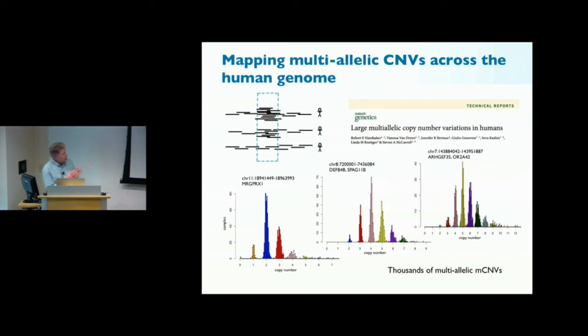What these histograms are showing here is, across 1,000 people, what are the different copy number states at certain loci in the genome. For example, at these loci, maybe most people have 4 copies instead of 2, but a lot of people have 3 copies or 2 copies or 7 copies of a particular gene. So there's a great deal of variation in the human population in terms of just how many copies of this gene each of us has.